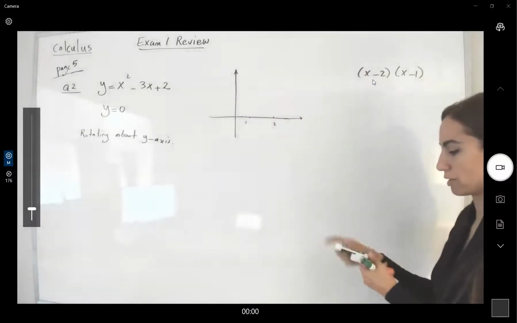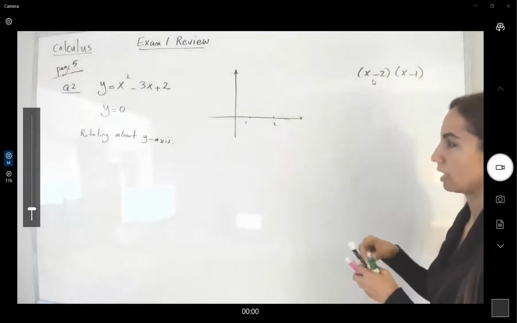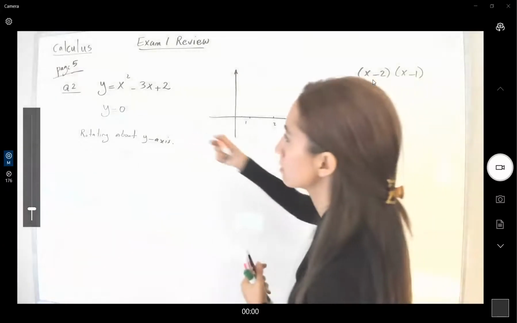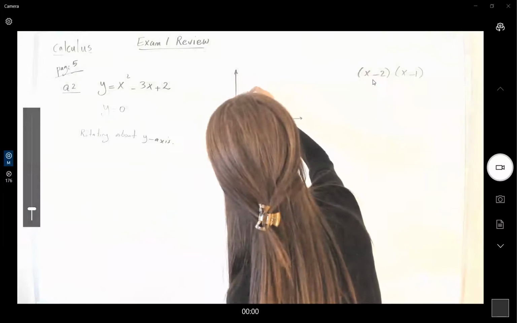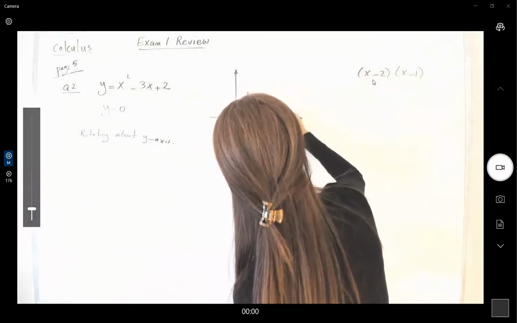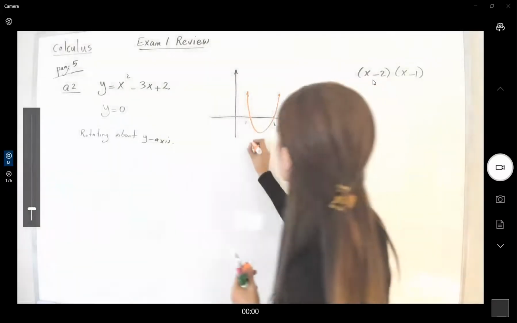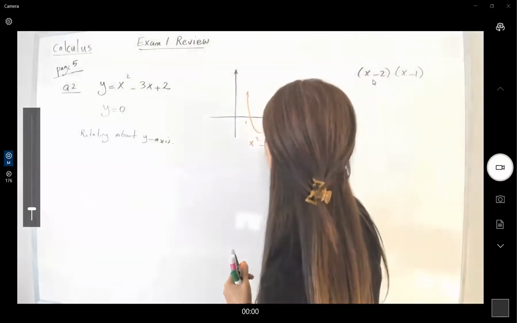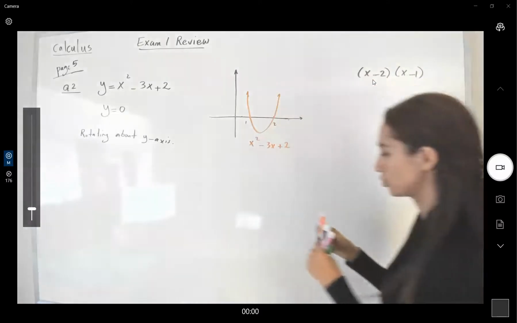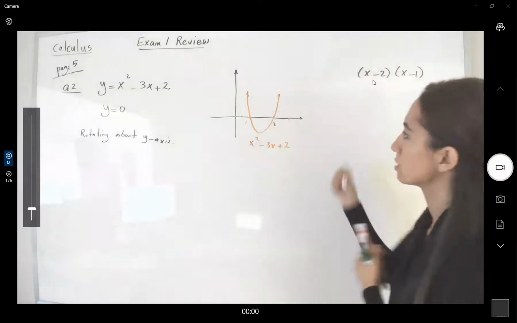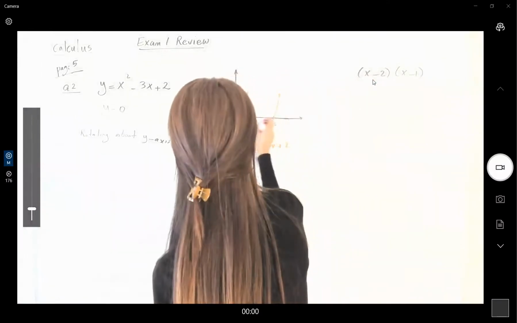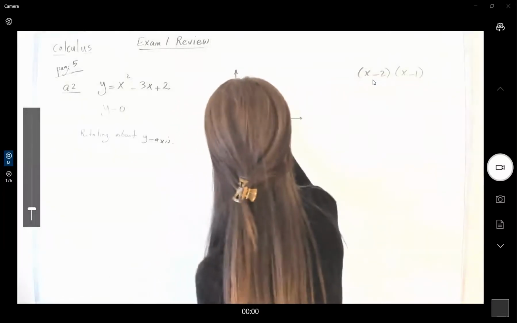So this is your quadratic function, x squared minus 3x plus 2. And the other one is y equals 0, which is nothing but the x-axis.